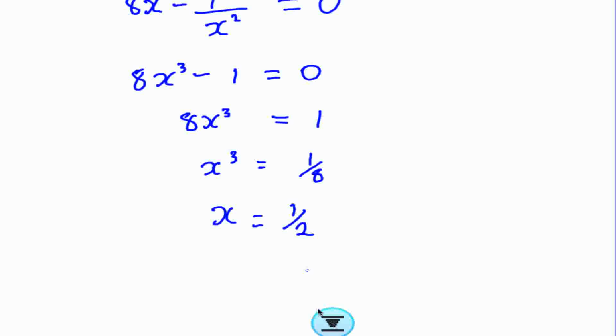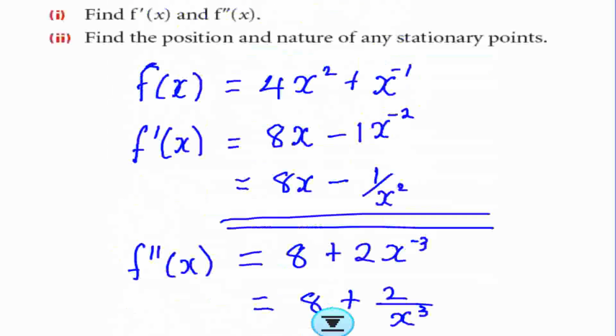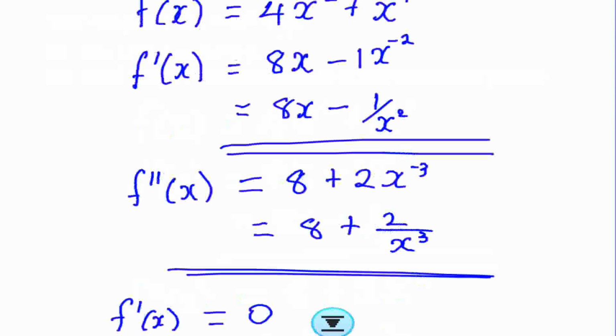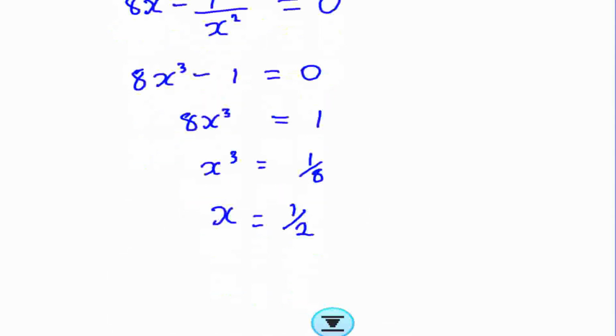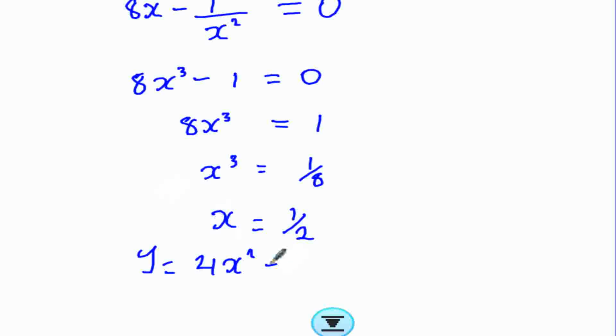And then you can get the value of y for that stationary point by substituting the value of x into the original f(x), which is 4x squared plus 1 over x. So y equals 4x squared plus 1 over x.